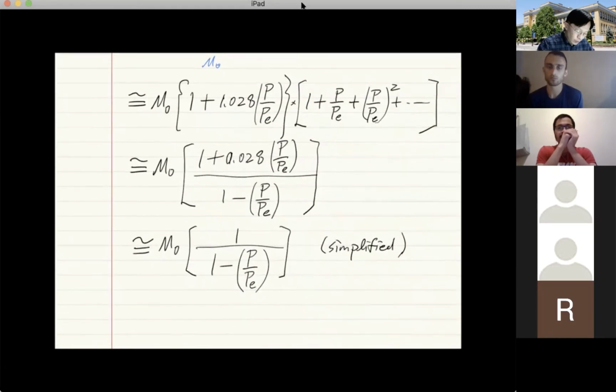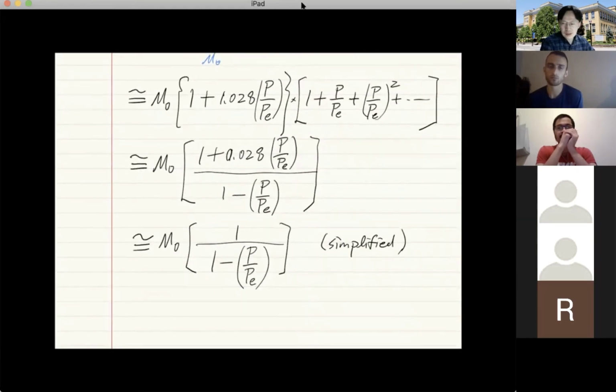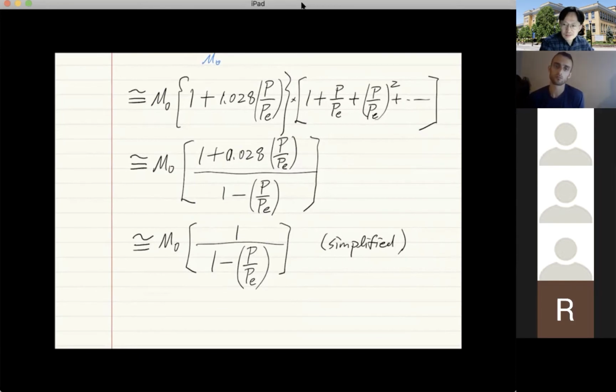Now, when P becomes very, very large, right? What happens when P becomes PE here? Maximum moment goes to infinity. Yes, that means it's buckling, right?